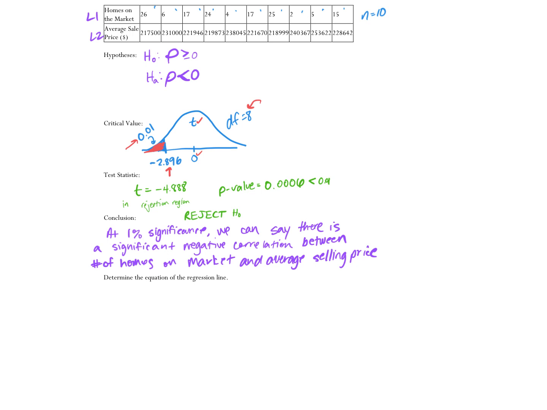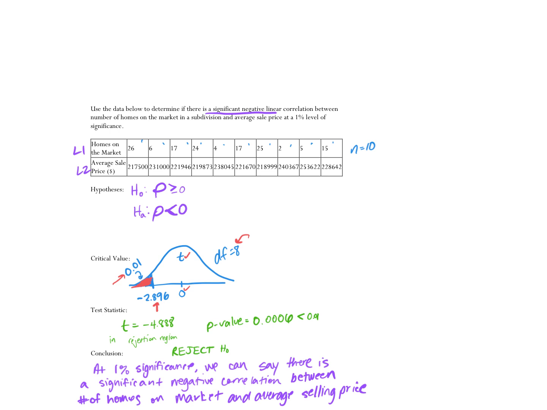What I'm asking is, when you're saying the level of significance, the correlation between the number of homes in the market and average selling price, how do you know that goes with the alternative? Well, the alternative is just that they're negative, yeah? This is what the alternative is.